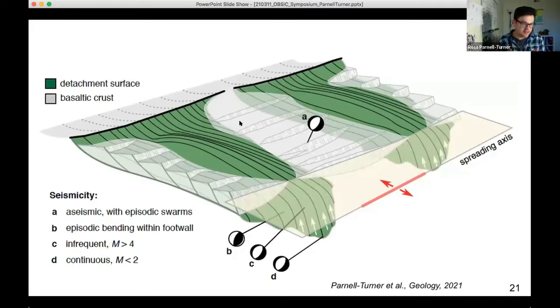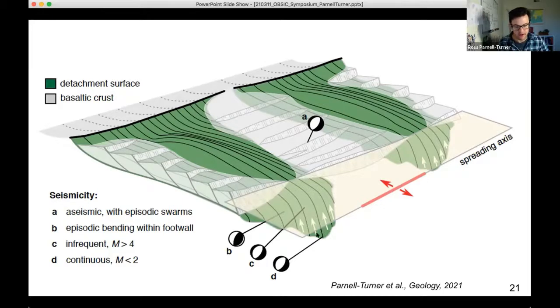So that leads us to this first conclusion that detachments are likely not connected in the subsurface. This is a summary cartoon that we drew in a paper that just came out in Geology. It's actually in this month's edition, if you're interested. And what we're seeing is that we have microearthquakes on the deep portion of these oceanic detachments, labeled D here, and they're typically in extension.